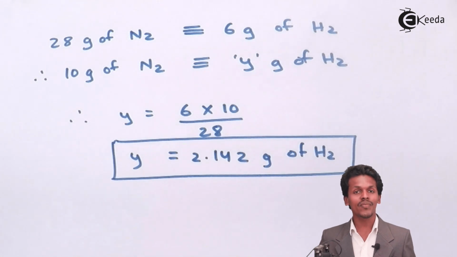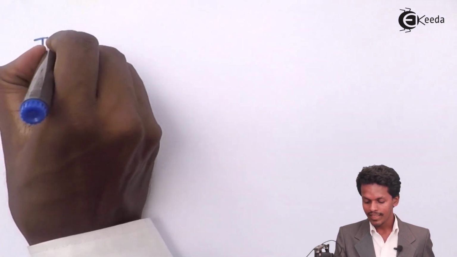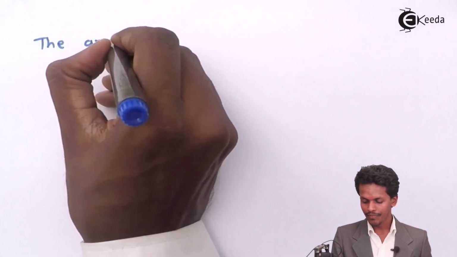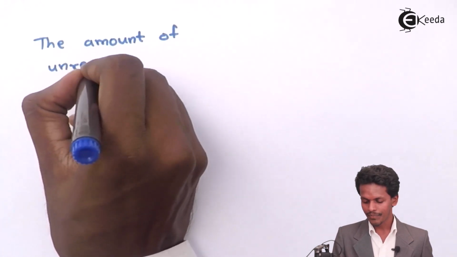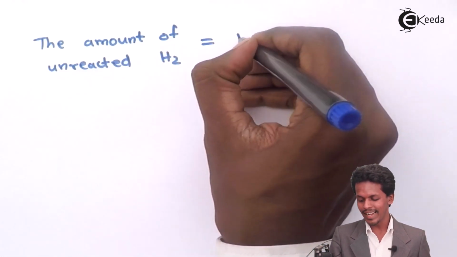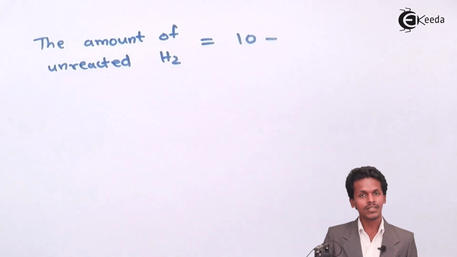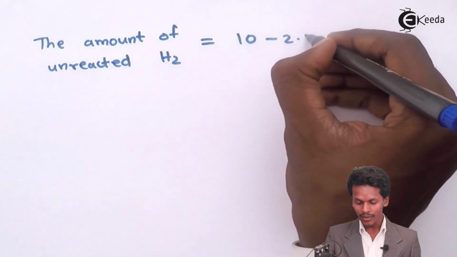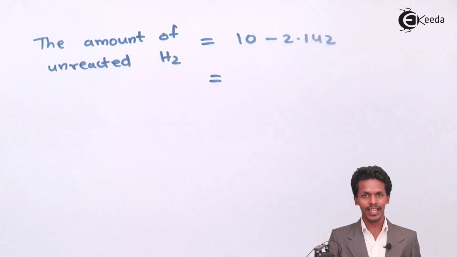So therefore the amount of unreacted hydrogen will be, because 10 gram was the original mass of hydrogen that was provided to us, and among 10 gram only 2.142 gram is being consumed in the reaction.